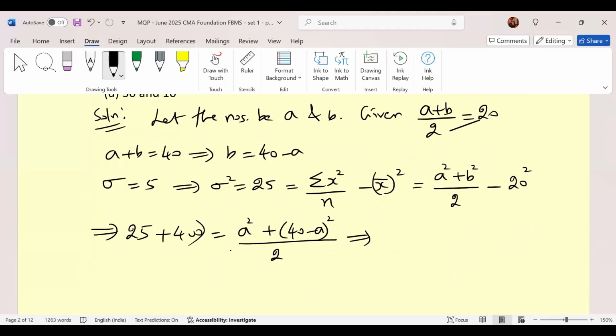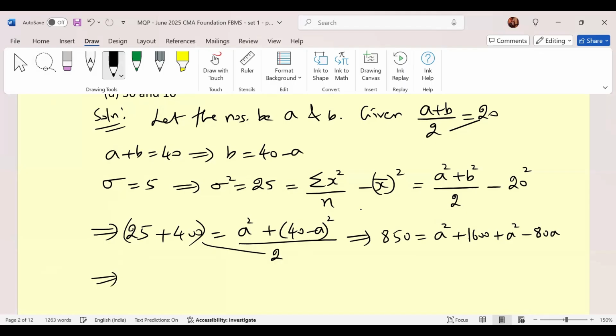So now adding these two and then cross multiplying, you get 425 into 2, which is 850, is equal to a square plus 40 minus a the whole square. So 40 square is 1600. Let me write directly: 1600 plus a square minus 2ab, means 2 into 40, 80 times a.